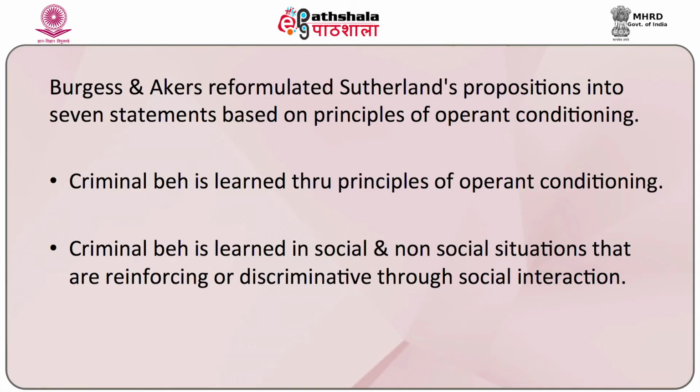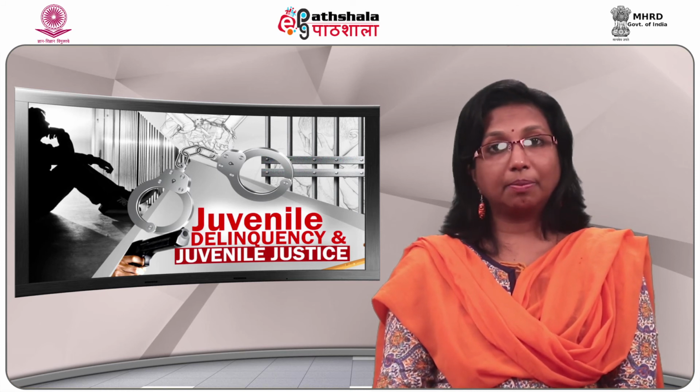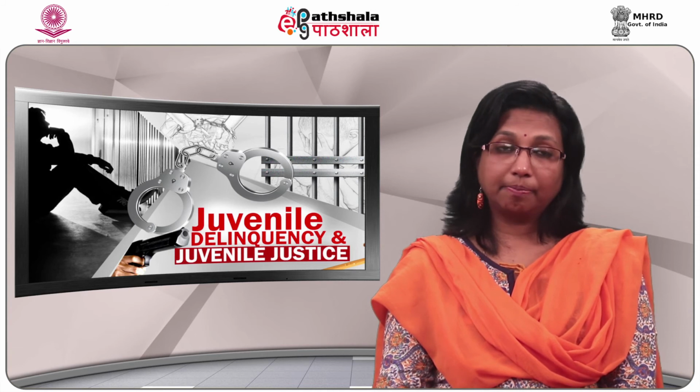1. Criminal behavior is learnt according to the principles of operant conditioning. 2. Criminal behavior is learnt both in non-social situations that are reinforcing or discriminative and through social interaction in which the behavior of other persons is reinforcing or discriminative for criminal behavior. 3.